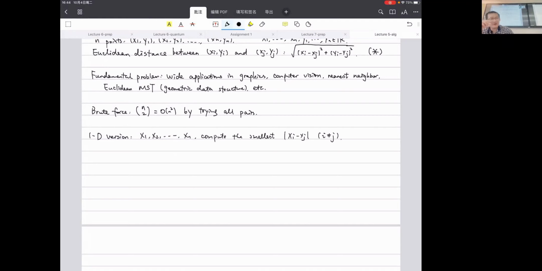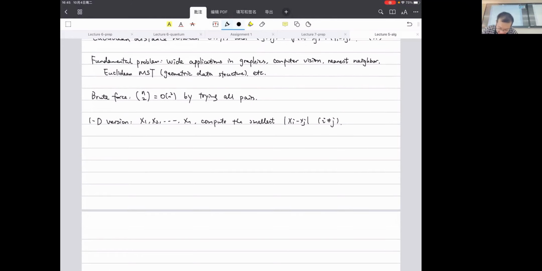Maybe you can quickly think about this. Can you actually do this better than O of n squared? Yes. As you can clearly see, we can actually give an O of n log n algorithm. We just sort. Without loss of generality, we can assume that x1 is smaller than x2, smaller than xn.